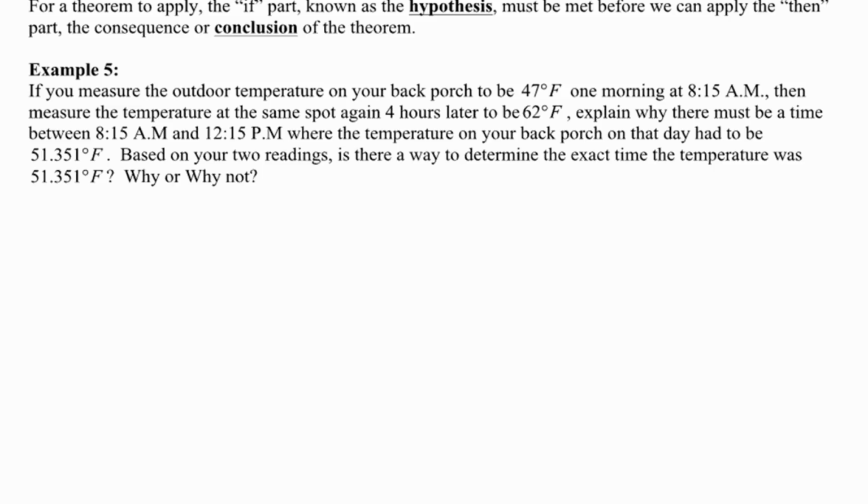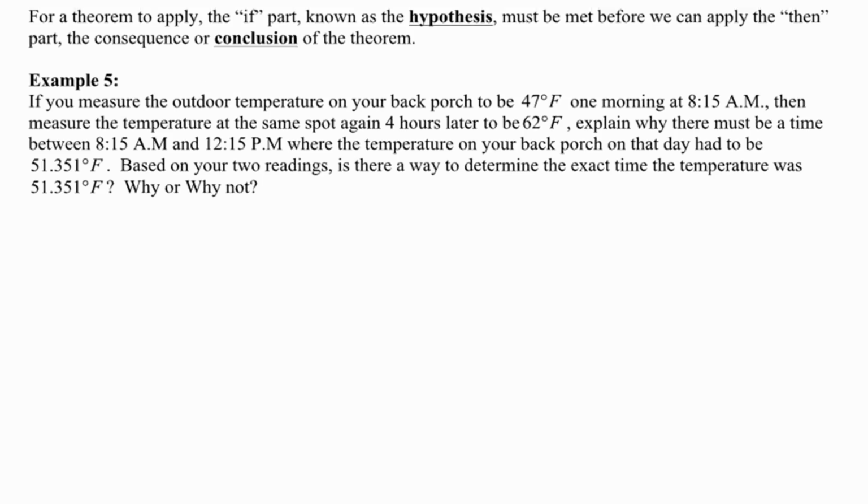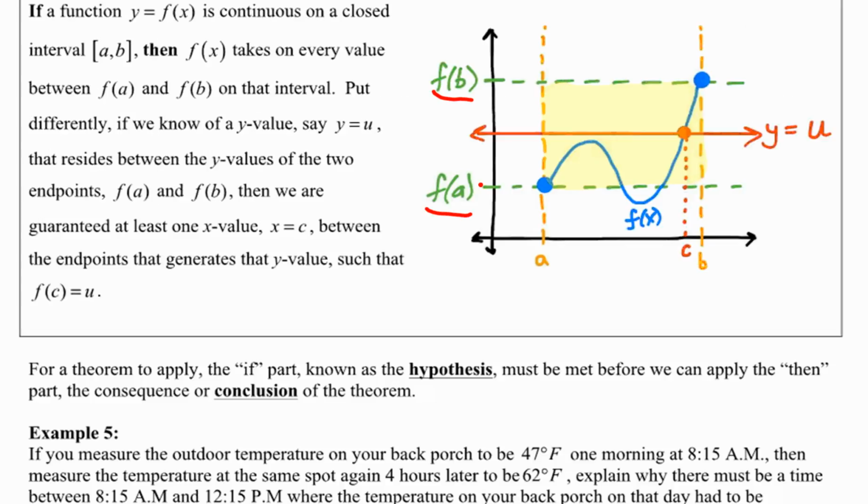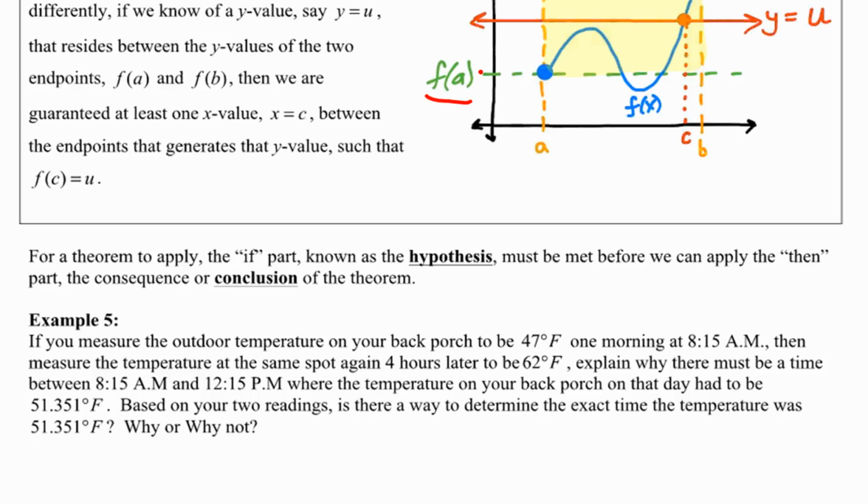And so for a theorem to apply, the if part must be met before we can apply the then part. So keep in mind, if a function is continuous on a closed interval, that's the if part. We have to say that is true before we try to apply the intermediate value theorem.